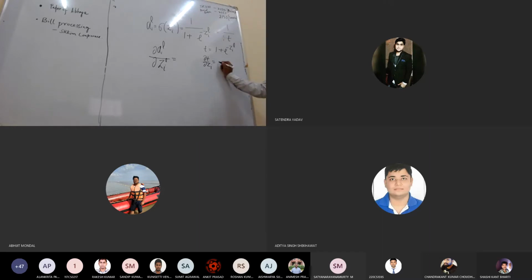This will be minus e to the power minus z_i^L. You got it? And then this is t, so you have to differentiate f(t) equal to 1 by t with respect to t.